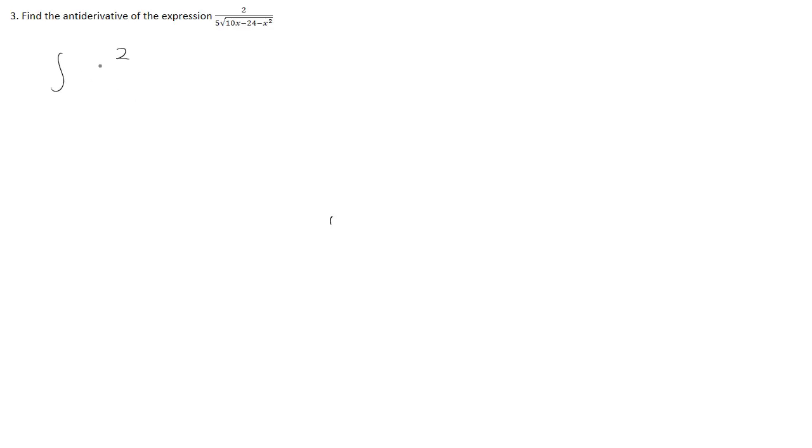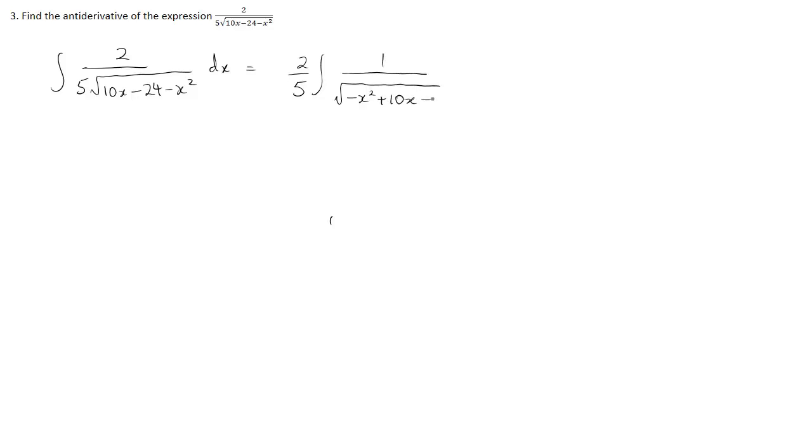integral of 2 over 5 square root of 10x minus 24 minus x squared dx, 2 on 5, 1 over all of this. Now I'm just going to arrange it, making the x squared first, followed by 10x, followed by minus 24.